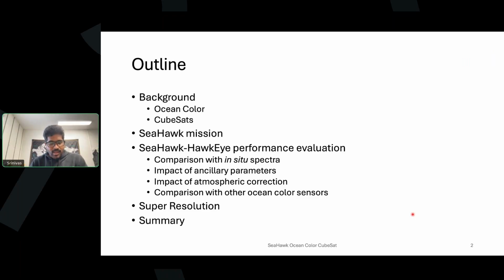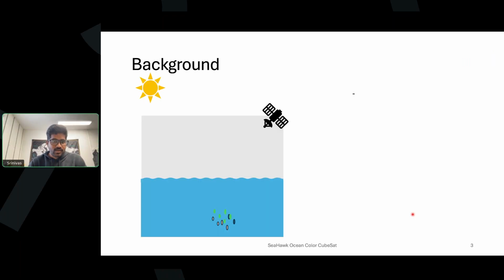I work mainly in passive ocean color remote sensing, which uses sunlight as the main source. Imagine there is a satellite in space, and the sunlight that is coming onto the Earth's atmosphere, some of it gets reflected back by the sky itself, and that reaches the sensor. Some of it also reaches the surface of the water and gets directly reflected back to the satellite.